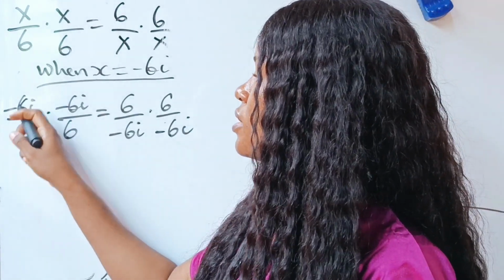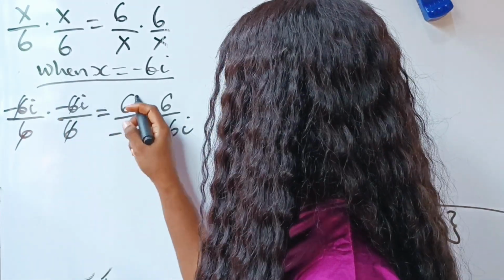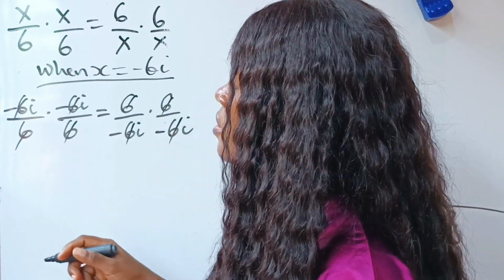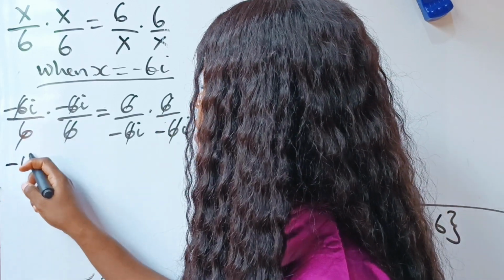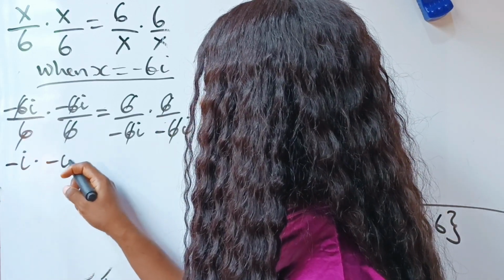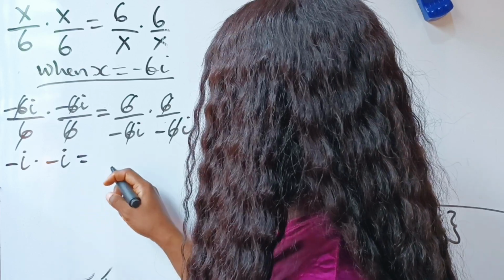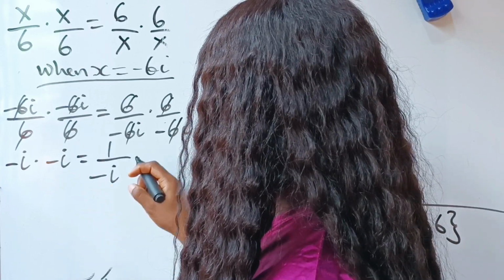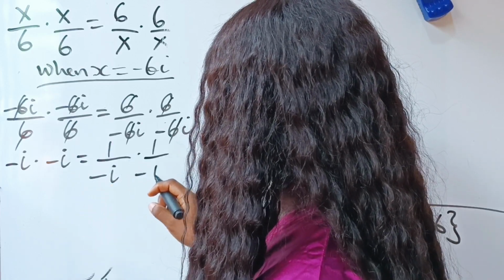Now this will cancel this, this will cancel this, this will cancel this, and this will cancel this. Now here we have minus i multiplied by minus i is equal to 1 over minus i multiplied by 1 over minus i.